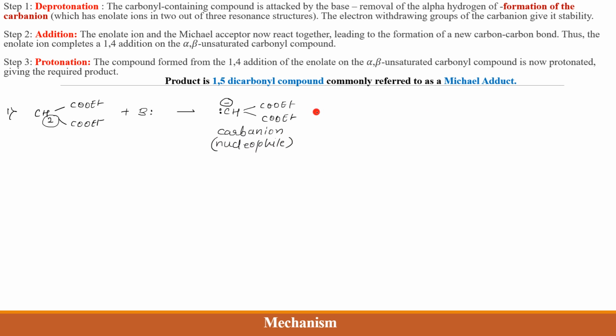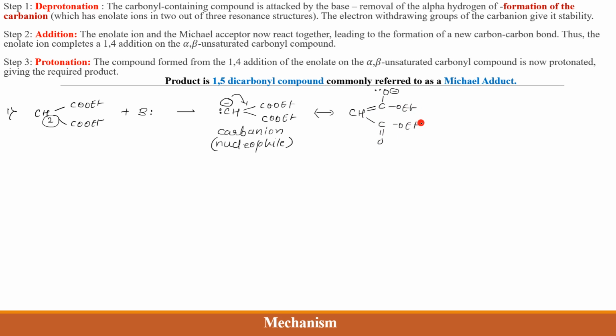Now why is this stable? Because this is going to give you a resonating structure. So I'll just show you the resonating structure over here. So here these electrons go away, and this is C double bond. I'll just draw it, then you will understand. So the electrons move over here. So this will be a negative charge, and this is your OEt, and I'll write this now complete.